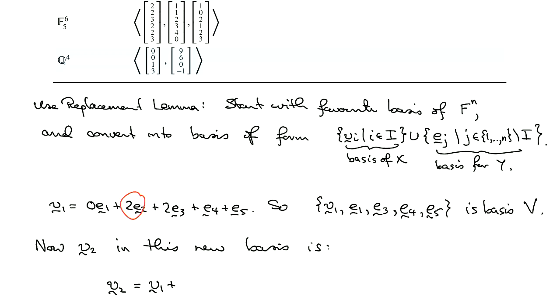So using E1, I have to subtract 2 E1s. Sorry, I can't see that screen over there, so I'll look at this one. V1, yeah, I have to add 2 E1. I don't do anything with the E3s or E4s or E5s, in fact.